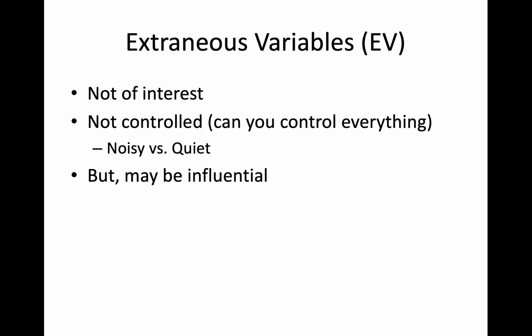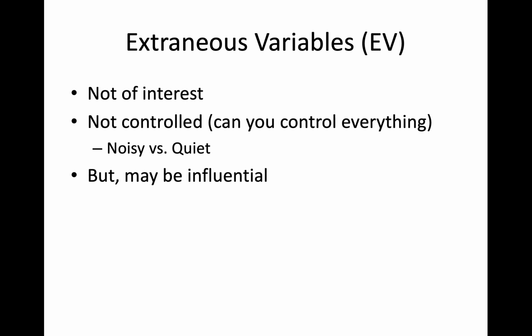The effects of these extraneous variables are evenly distributed across the groups as long as we've randomly selected or randomly assigned treatment conditions. So the randomization routine spreads out equally these issues.